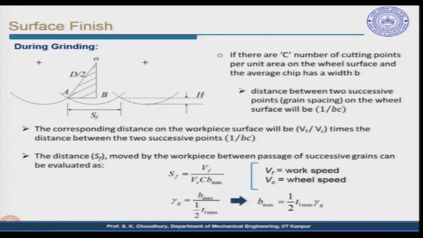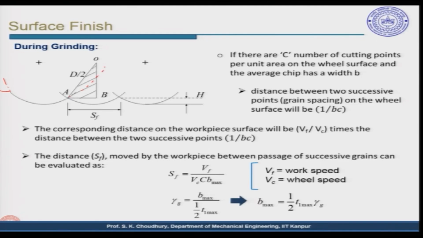Let us see what happens in case of grinding. This is a schematic diagram of the path that the grinding wheel is going through. As the feed is given, that is the Vf is given, let us say this is the grinding wheel.